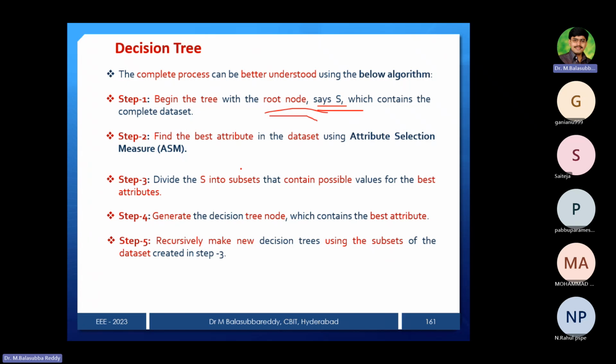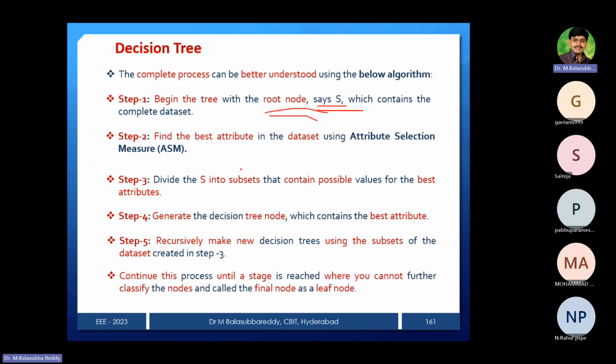We repeat this procedure. Continue this process until a stage is reached where you cannot further classify the nodes, called the final node or leaf node. This is the procedure of a decision tree.